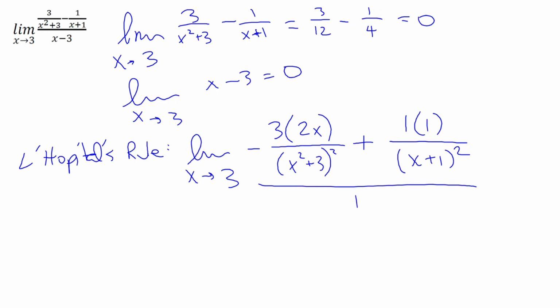And then it's all divided by the derivative of x minus 3, which is just 1. So now we're ready to evaluate this fraction. Negative 3 times 2 times 3 ought to be negative 18 over 3 squared is 9 plus 3 is 12, and 12 squared is 144. So we have negative 18 over 144.